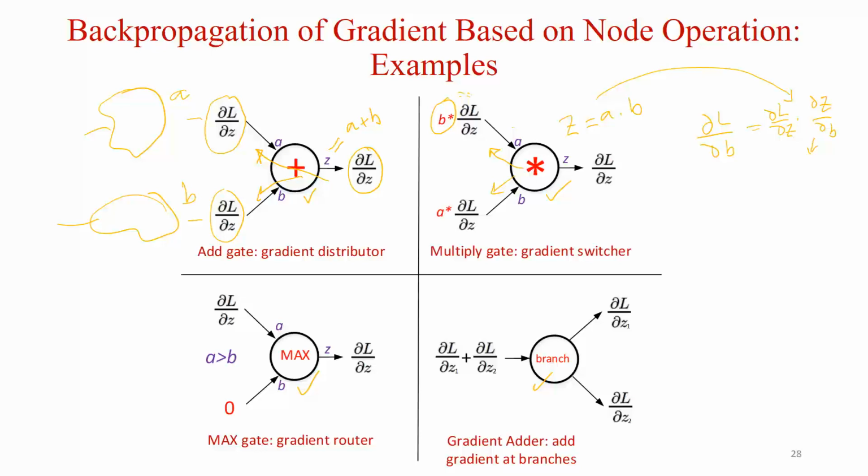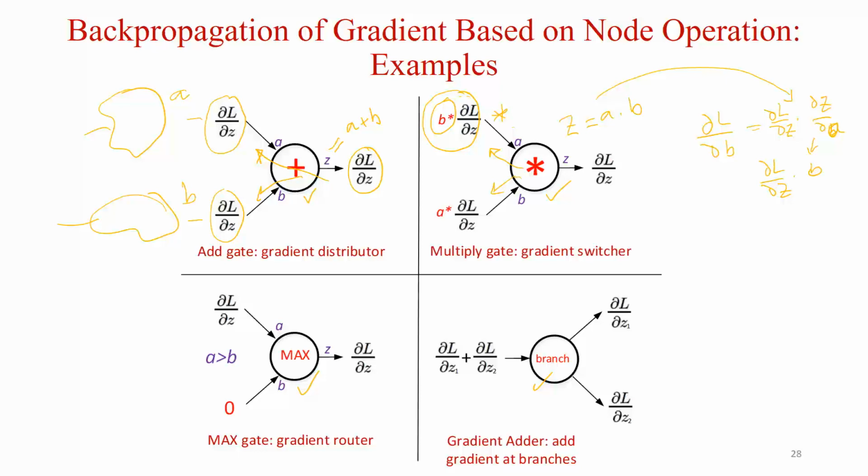Let's do this side. I'm sorry, delta L over delta A, because I'm looking at this side here. So this equals B times delta L over delta Z. So you can see what we are doing: we're multiplying the derivative, when we push it back to the side of A, by B.